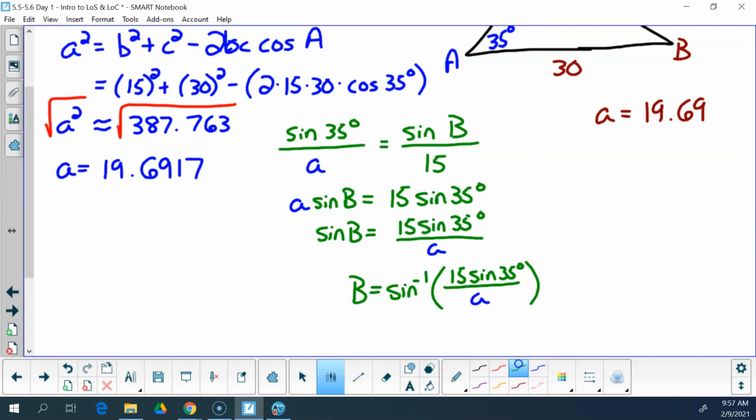It should say ANS on it. Okay? So you get that fraction. Then you have to take the inverse sine of that. Okay? And I get angle B here is 25.9074 degrees.